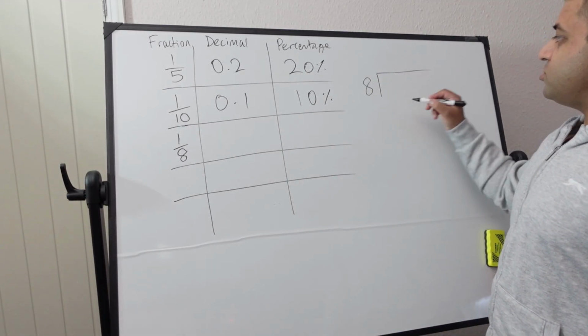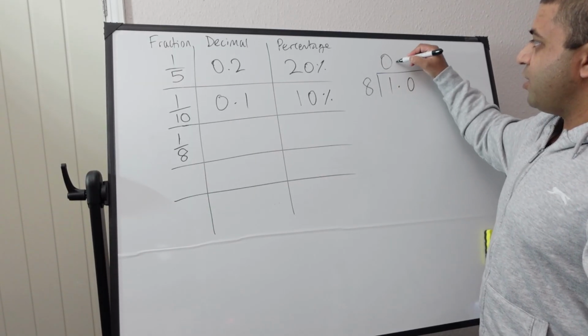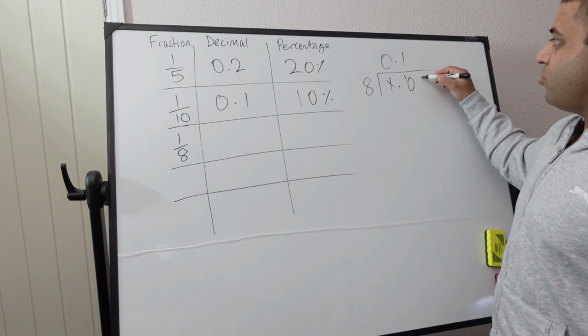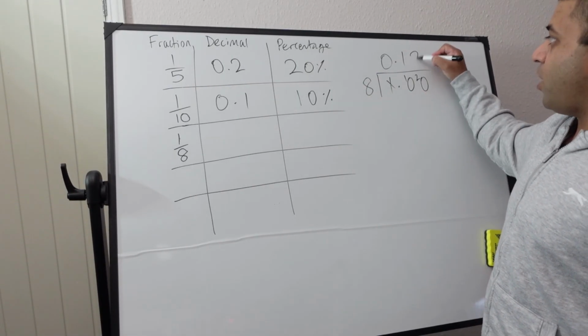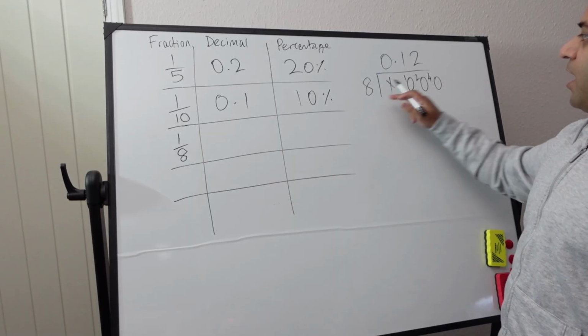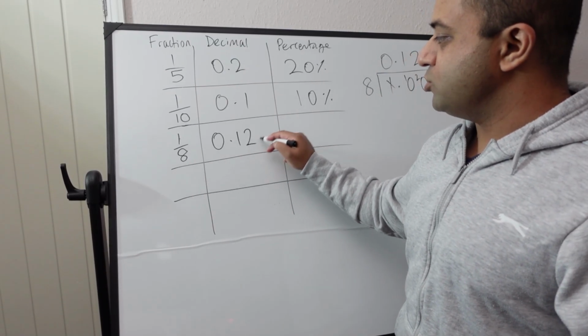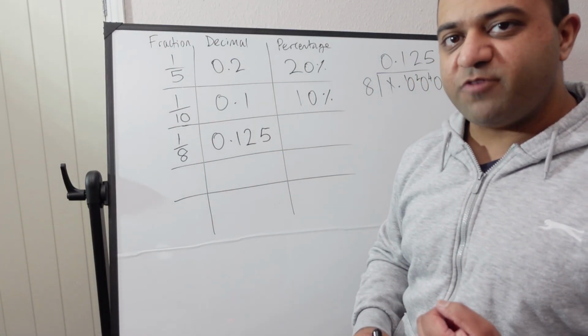How many 8s go into 1? So we write 0, carry the 1, 8s into 10 go once, remainder 2, 8s into 20 go twice, remainder 4, and 8s into 40 go 5 times. This is 0.125, which is 12.5%.